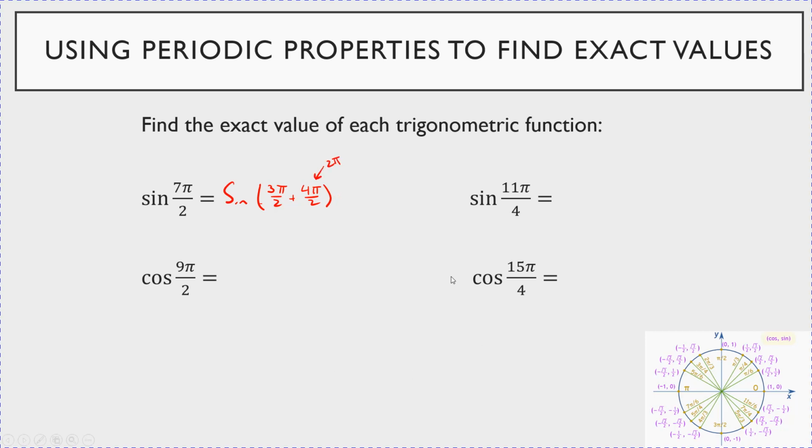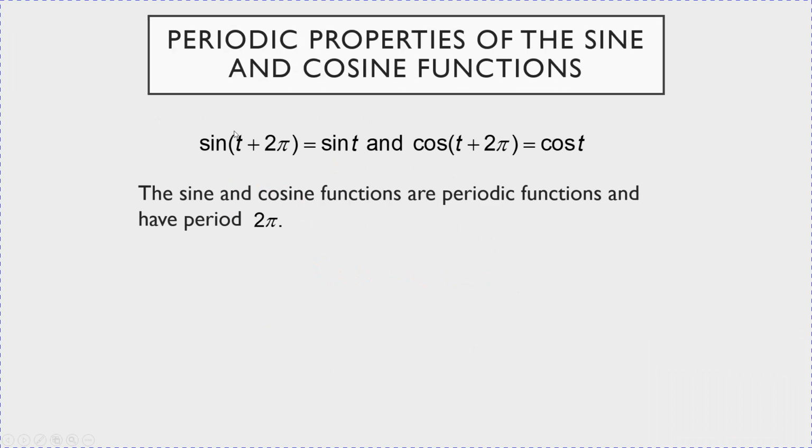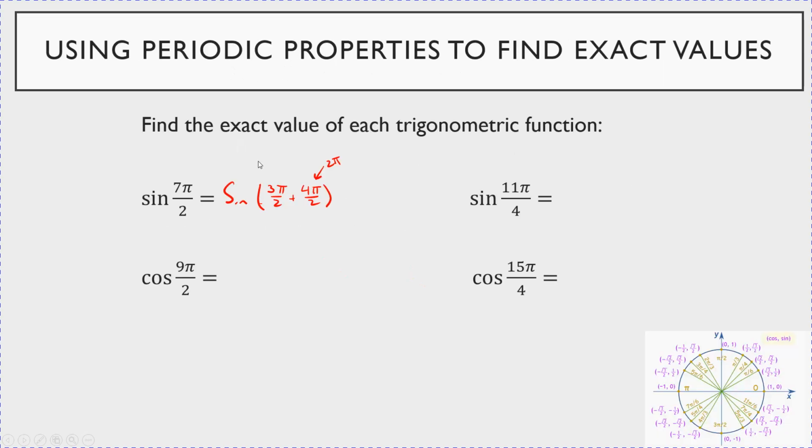And so look what that means. If I have some value plus 2 pi, it's just equal to the sine of the first part, sine of t. So this is just equal to sine of 3 pi over 2. Now where's 3 pi over 2? Right here. And that's equal to -1.